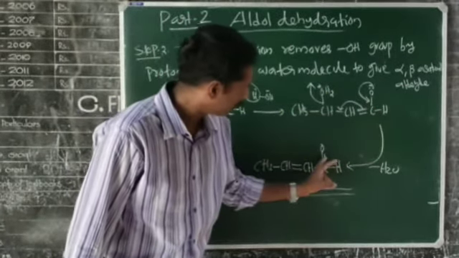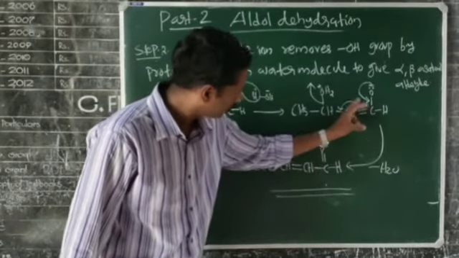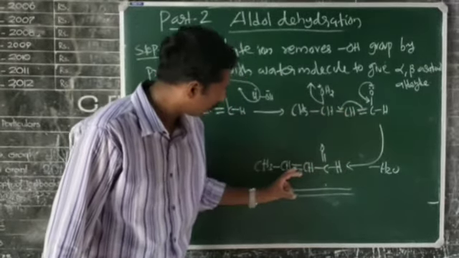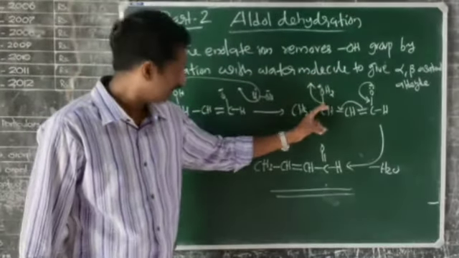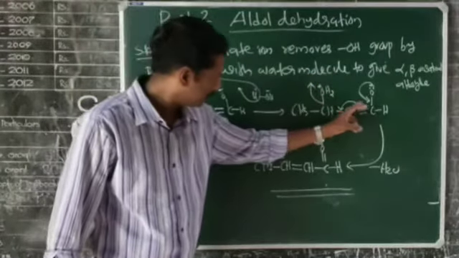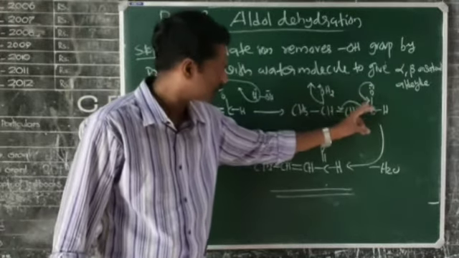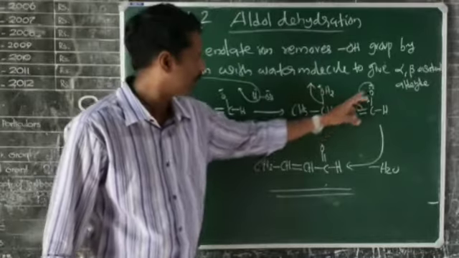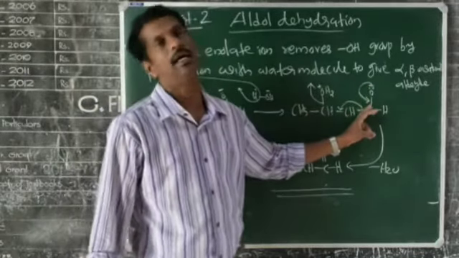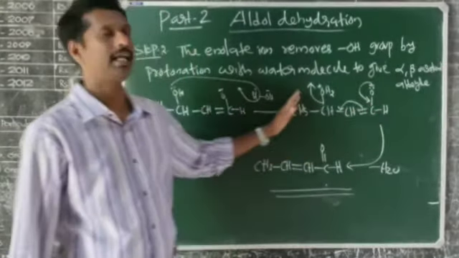So here it will become double bond. Then this double bond is shifted to here. Then what will be eliminated? H2O is eliminated. Then this is shifted to here. This bond comes back. Clear? H2O is eliminated, this bond is shifting to here, and this pair of electrons is coming back. That way also you can explain.